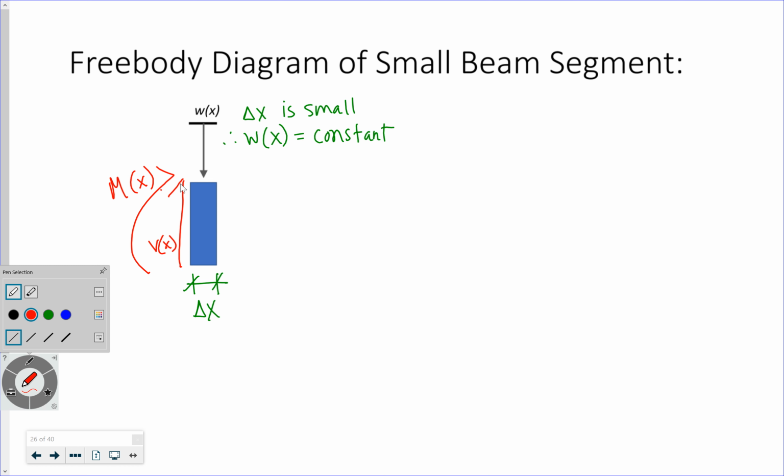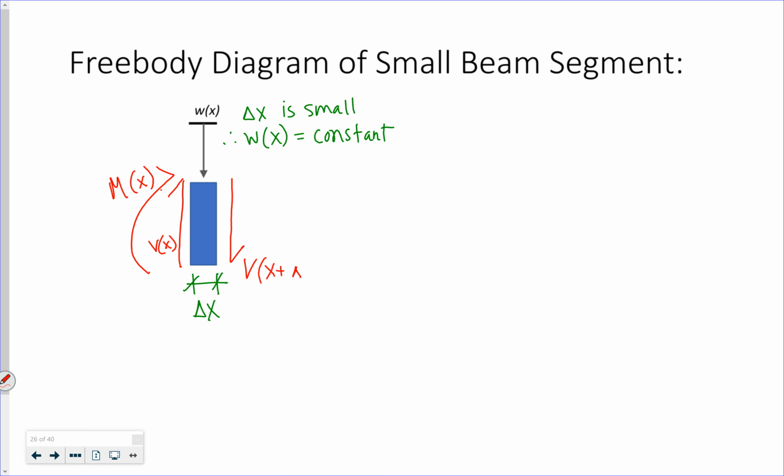And on the other side, I have a shear with the value V of x plus delta x, which is essentially my shear on the other side, V of x, plus some delta V. And it's not going to be equal and opposite because I have an applied distributed load going on as well.